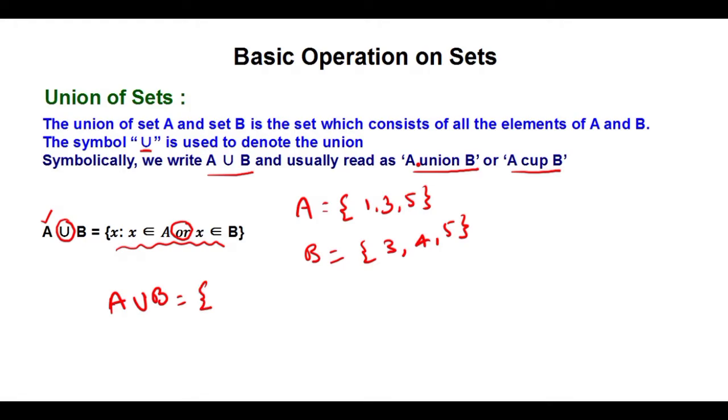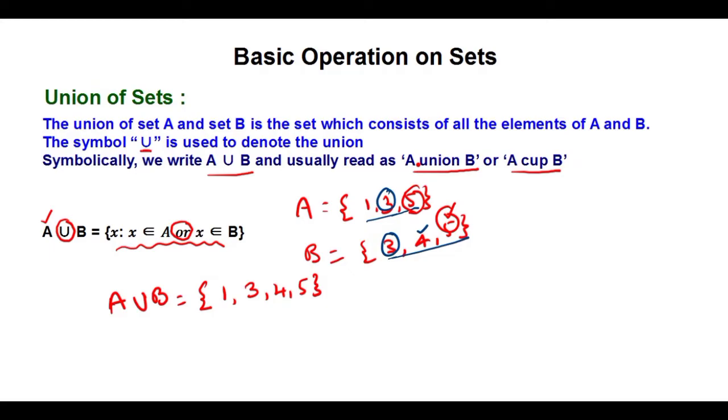From set A we have 1, 3, and union means we take them combined. 3 is repeated 2 times, but we take it only once. Next we have 4, and 5, which is also repeated, but we take it only once. This is A union B.